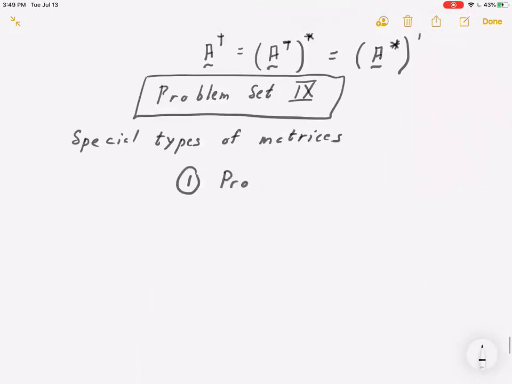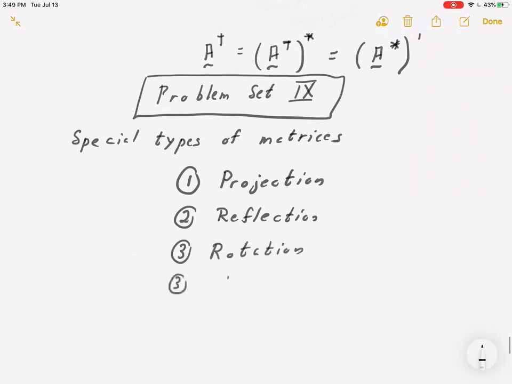We've looked at projection matrices, reflection matrices, rotation matrices, orthogonal matrices, with the rotation matrix being a special case of an orthogonal matrix, and unitary matrices.